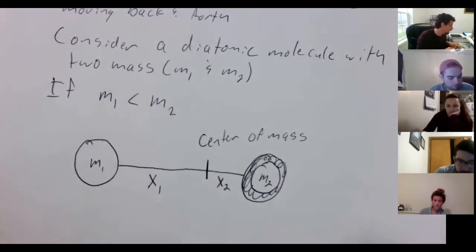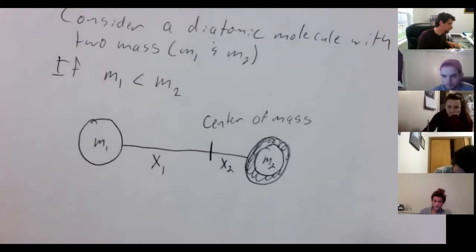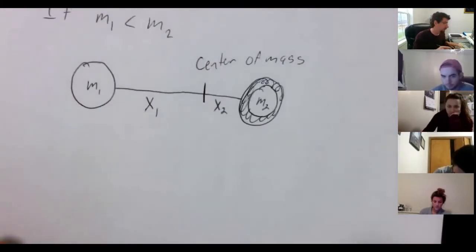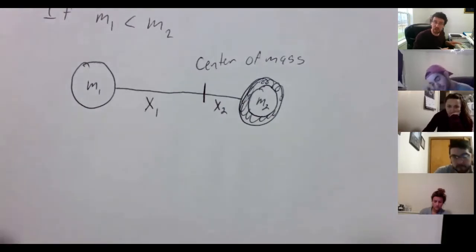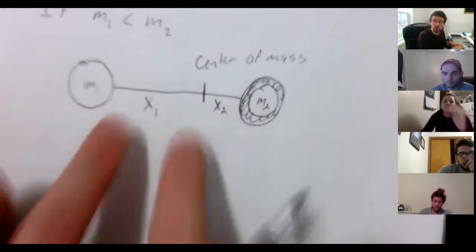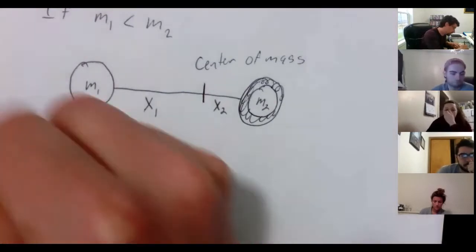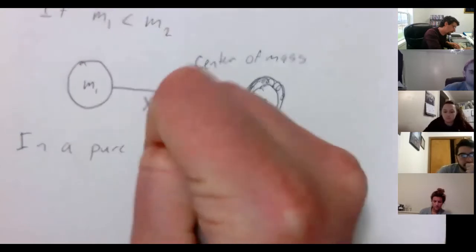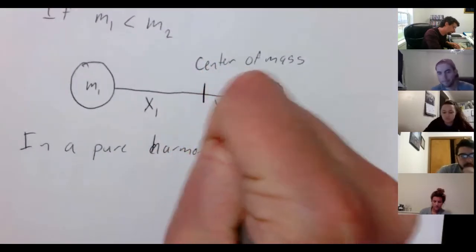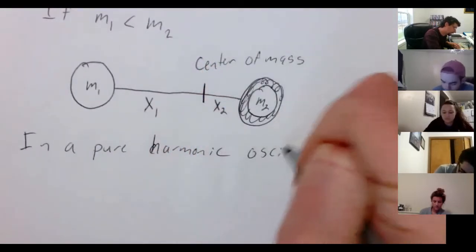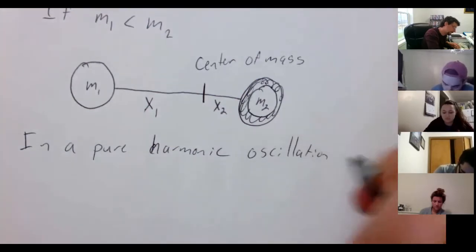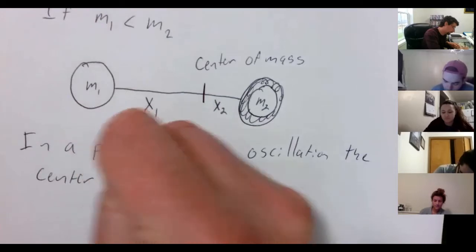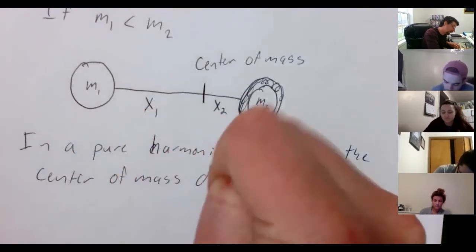All right. And if it's a pure vibration, meaning an ideal vibration, the center of mass doesn't change. So even as these guys move a little bit, the center of mass doesn't change. In a pure harmonic oscillation, the center of mass does not change.